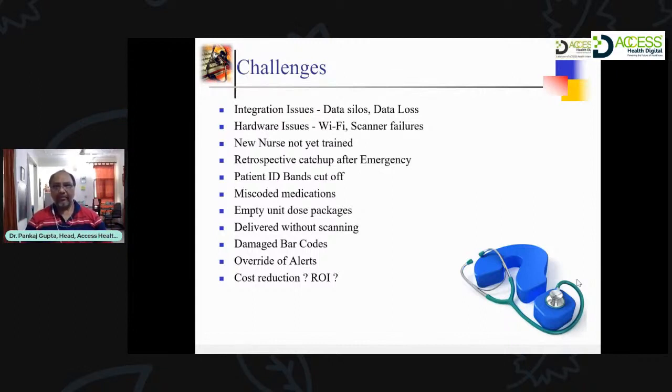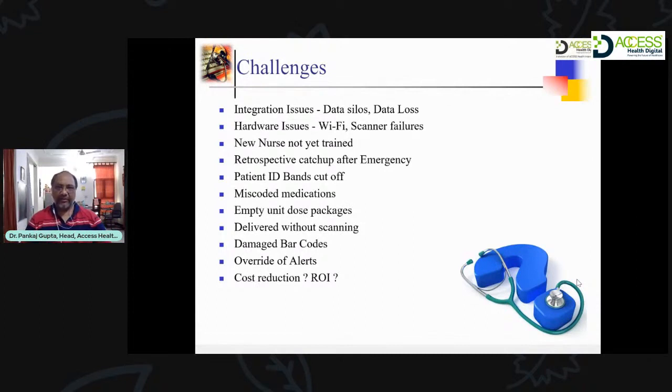Then patient ID band has been cut off. Because of whatever reason, the ID band has been cut off, so you really don't know if it is the same patient or a different patient. Miscoded medications: the barcode that was printed and put on the vial is miscoded.